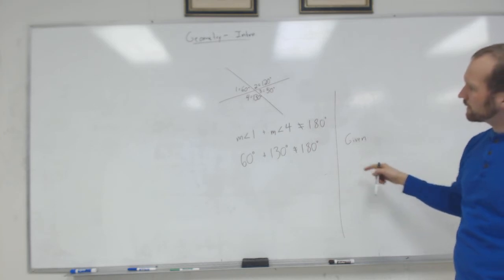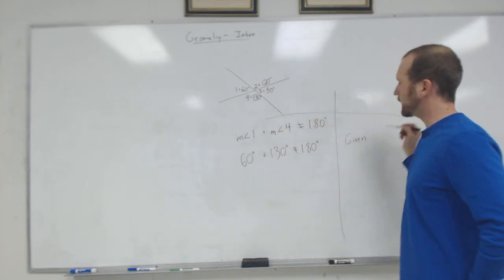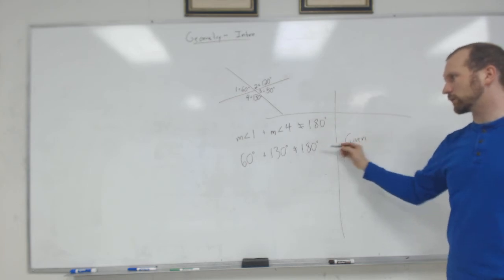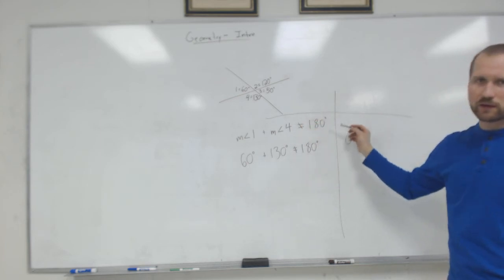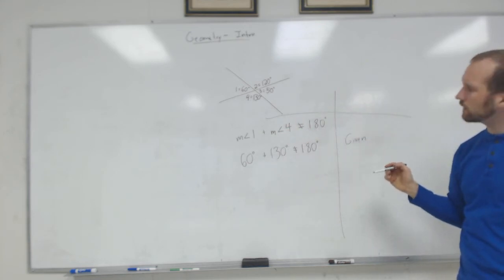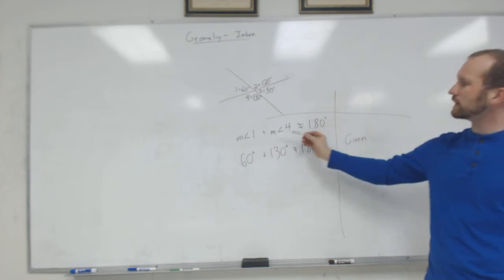So we're doing a two-column proof, where we're saying, this is what I'm noticing, and this is the reason that I can notice that. What's our justification for this step? Where does this whole idea come from?